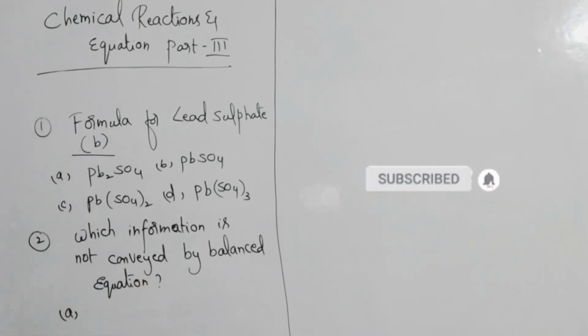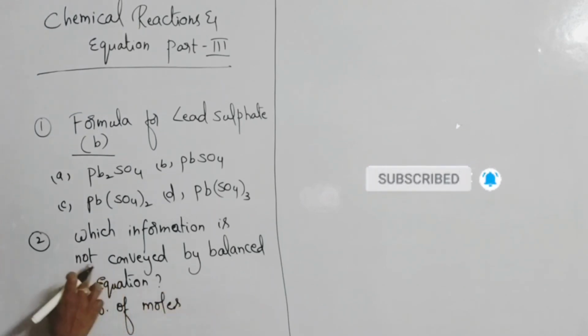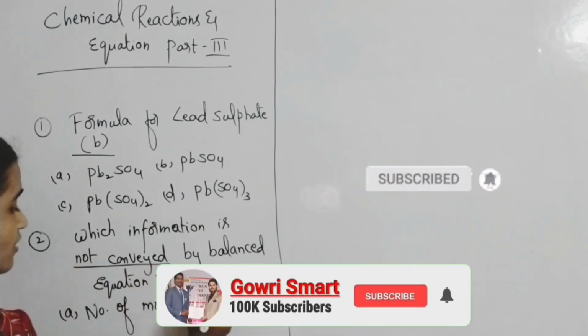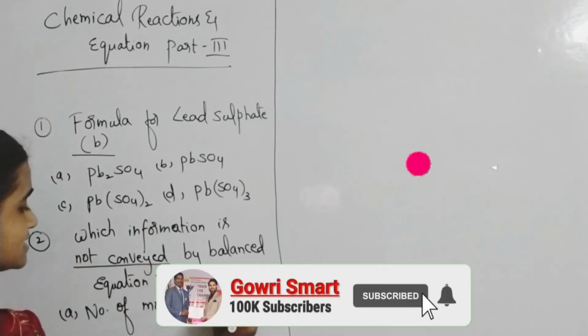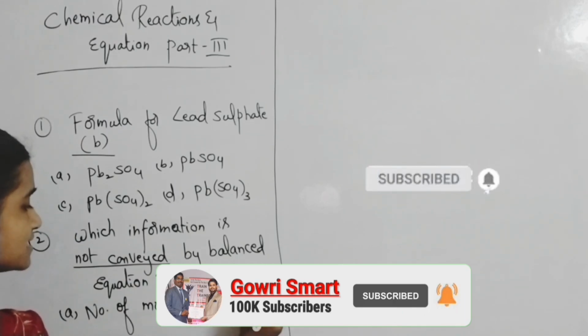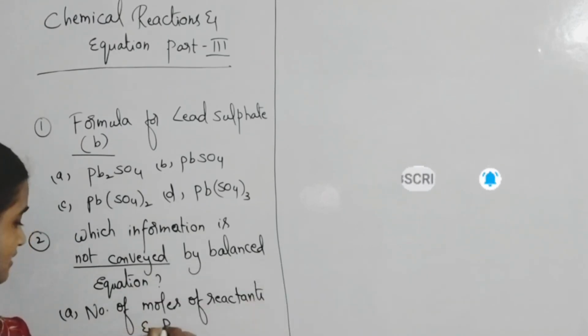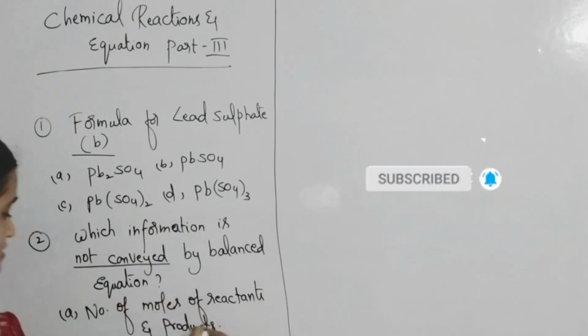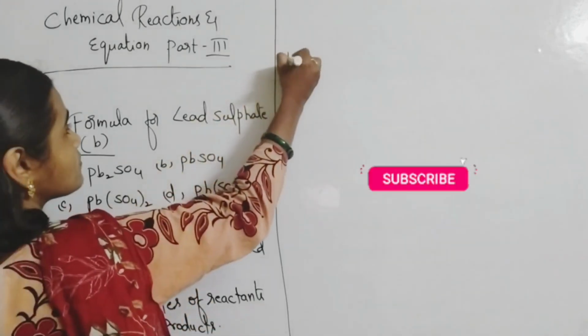Number of moles of reactants and products, as I just told you, is information given by a balanced equation. The question asked is what is not conveyed, so this is not the correct option.